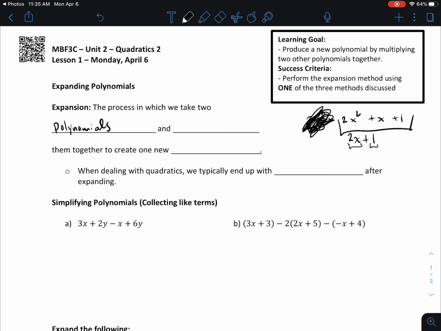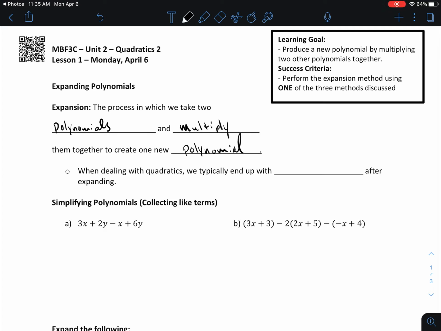So expansion is this process by which we take polynomials, so equations with many terms in them, or algebraic expressions, and we multiply them together to create one new polynomial. Okay, it's a little bit wordy.